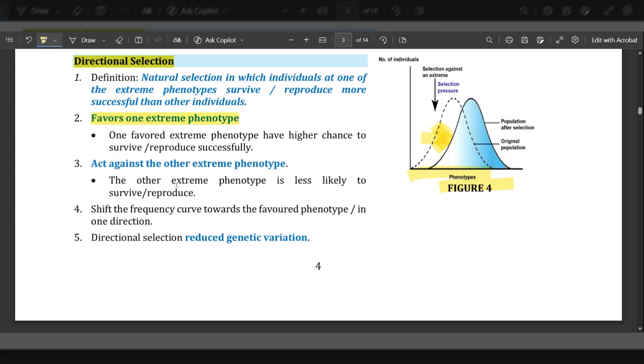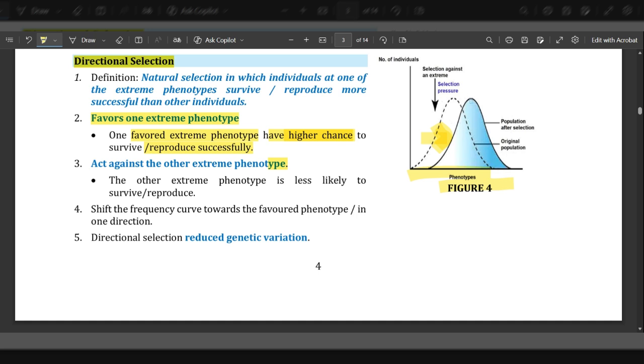So what happens is the favorable extreme phenotype will have higher chances to survive, higher chances to reproduce successfully, and higher chances to pass down the phenotype to the next generation, causing the frequency of the favorable phenotype to increase in the next generation.